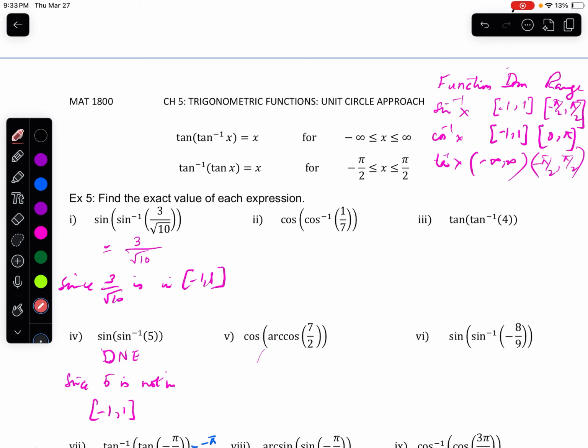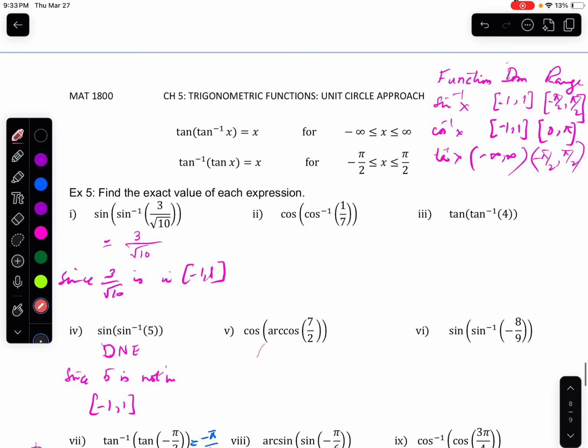So now if we have to solve examples like this, example 5, first problem. We have sine of sine inverse of 3 over square root of 10. Now this is a number that we have not seen on the unit circle. So how will we solve this? Well, we can try to see if we can apply the inverse function property.